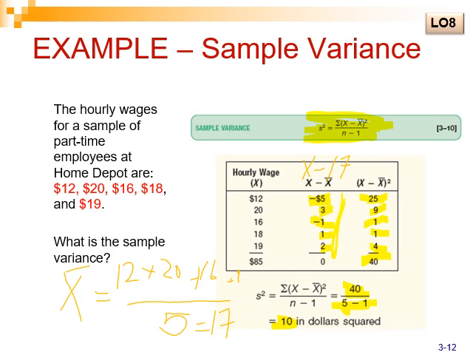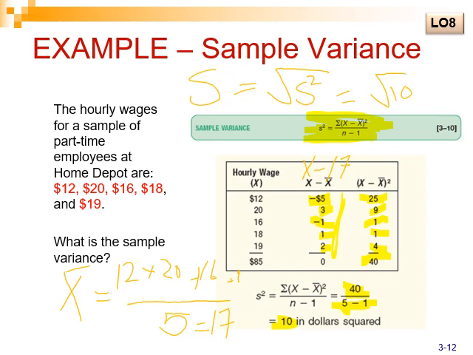Okay, s equals the square root of s squared, which is equal to the square root of 10. This is the standard deviation in this case. And in the previous example, for the standard deviation for the population case, we will take the square root of 1488.